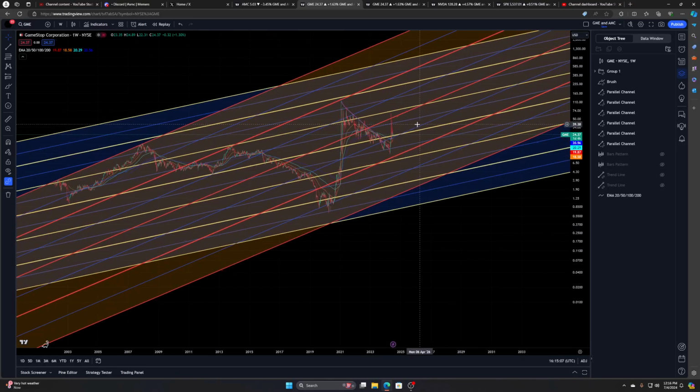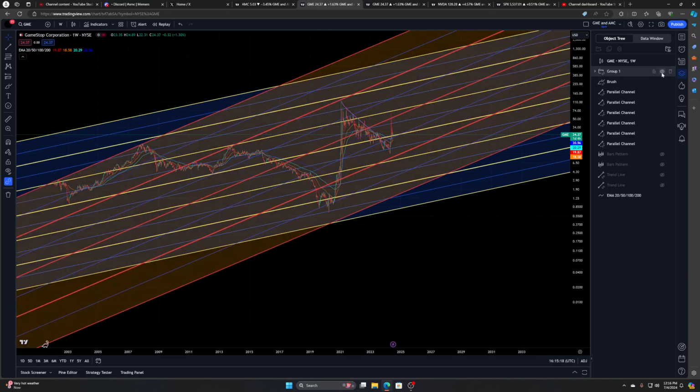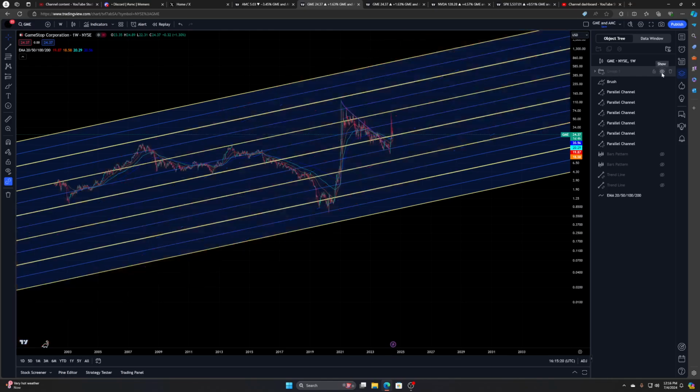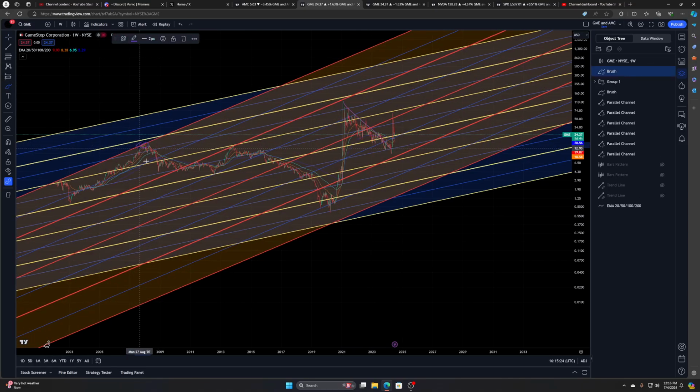For example, peaks, right? This channel might be better for peaks. Let me put this back on the chart. You see how this channel calls peaks, right? Because we have a peak here, a peak here, a peak here, a peak here. This chart is better for charting peaks at the top of the move, right?